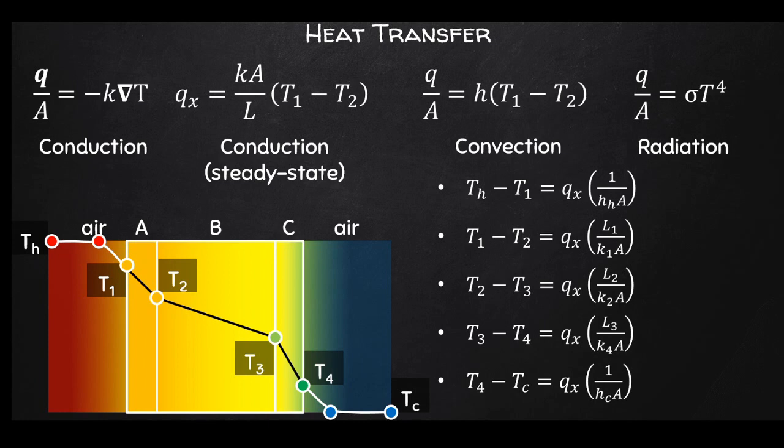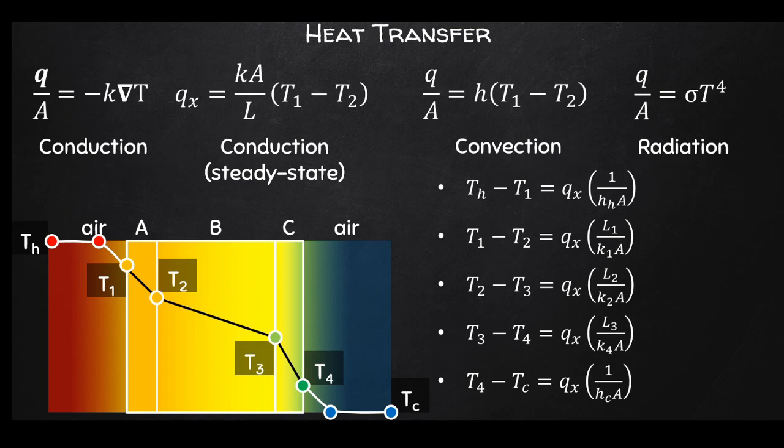If we add the first to the second, notice that T1 is common except that there's a sign difference, and so T1 will cancel out in equation 1 and equation 2. If we add this summation to the next equation, T2 minus T3, we will then cancel T2. And likewise for the next equation, right to the last equation.